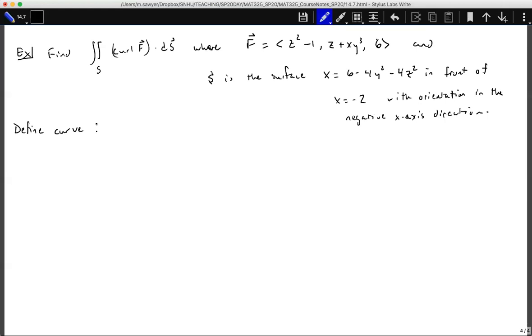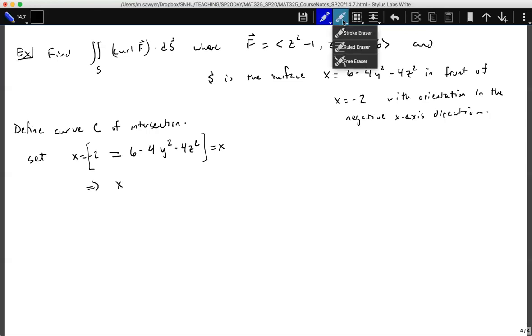So define the curve C of the intersection. First we need to find that curve of intersection. So set x equal to -2, equal to 6 minus 4y squared minus 4z squared, which is also equal to x. Setting these two pieces equal to each other gives us y squared plus z squared equals 2.